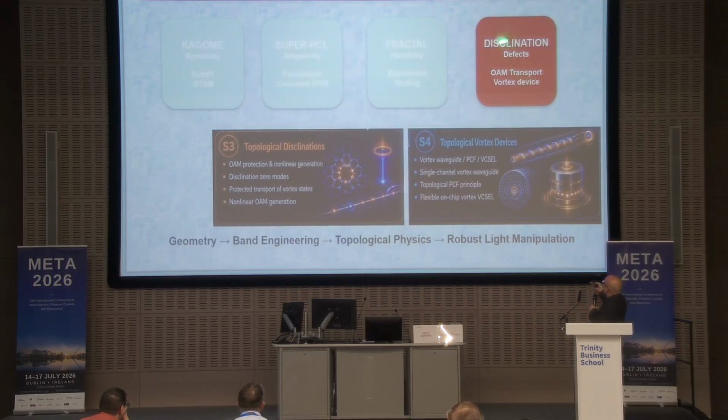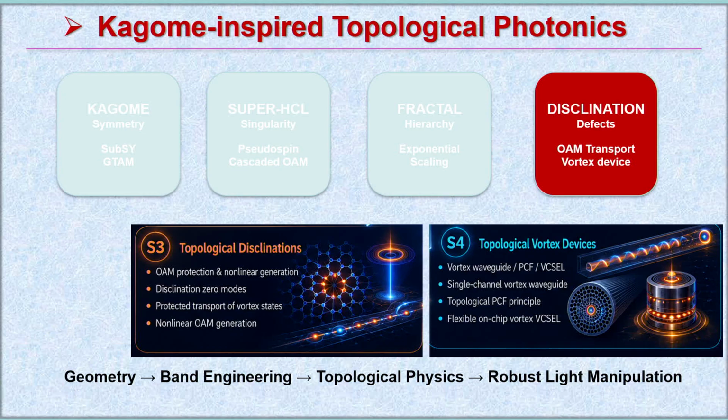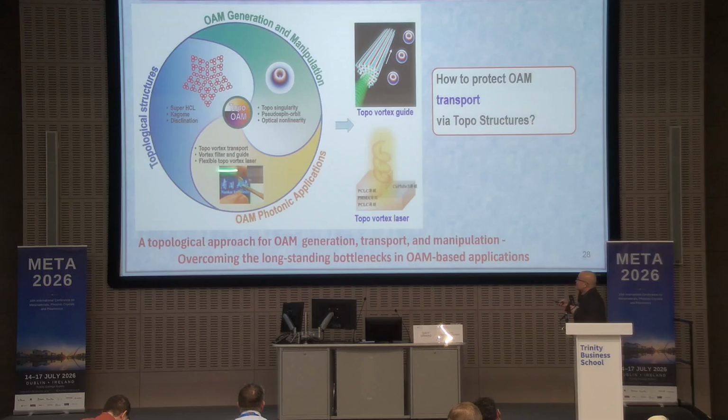Okay, the last one here is briefly about the disclination. This is the real one: we hope not just to do fundamental research, but it also leads towards applications. So the keywords here are topology and angular momentum. By topologically designing the structure, you generate angular momentum, and then hopefully lead to the vortex guide and the vortex laser structure.